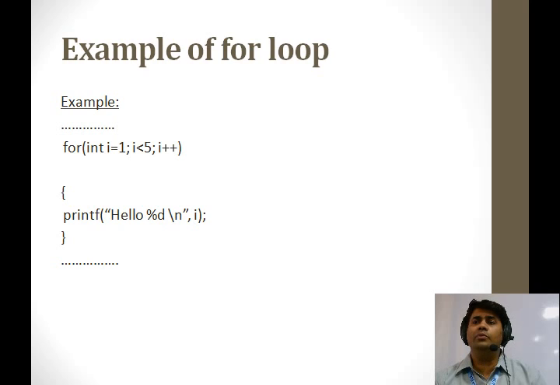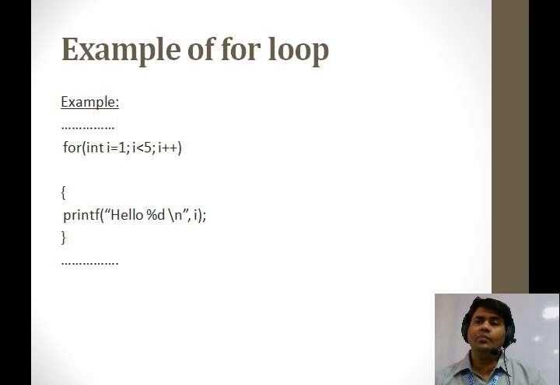So now i will become 2, and again we will check whether 2 is less than 5. We get the answer yes, and again we execute the block, and this time it will print hello 2. The cursor will go to the new line, and this will continue for i equal to 3 and 4 as well. Once i becomes 5, 5 less than 5 is false, so you will not enter the loop, and you finish the repetition of the loop.